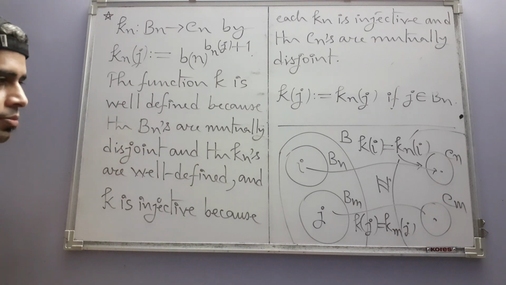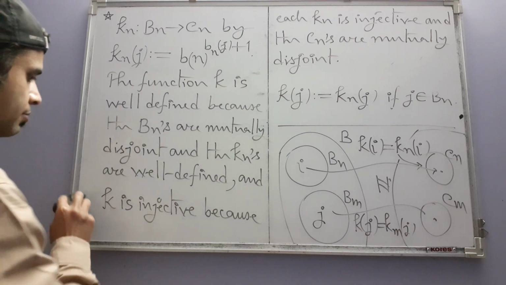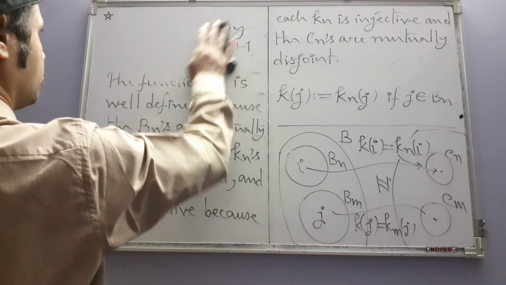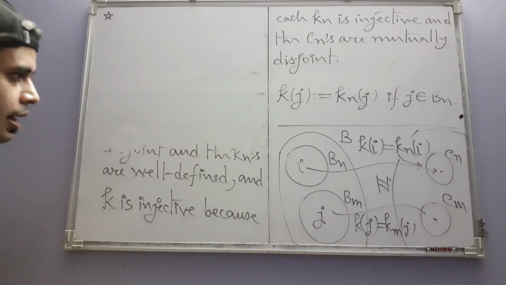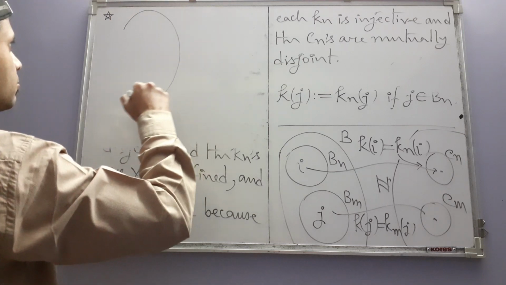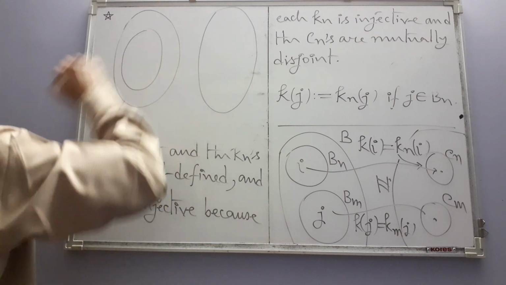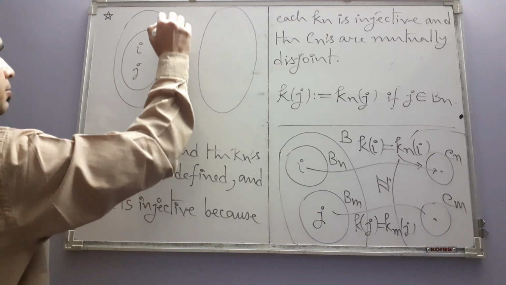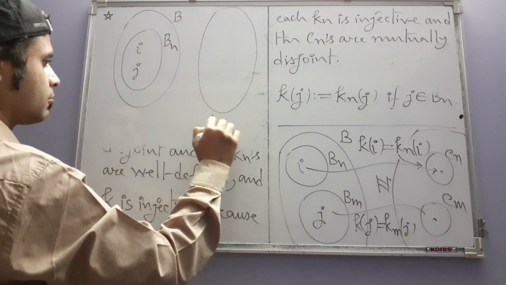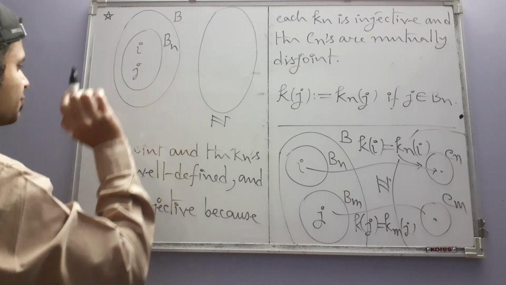That is one case. And the other case, let me draw another diagram for the other case. In the other case, we have both i and j inside a single Bn. Fine, but they are of course distinct.